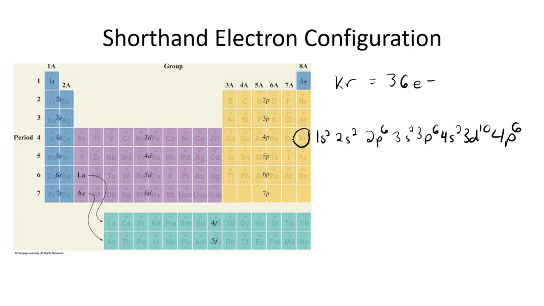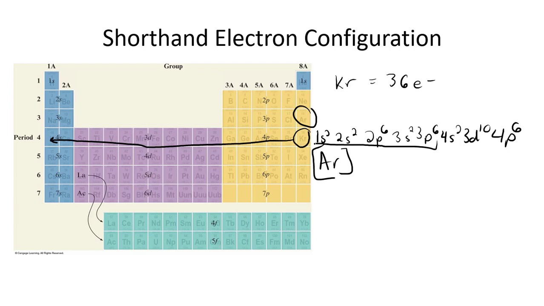And sometimes I see that, but most of the time I will see it the opposite. What do I mean by opposite? Instead of just representing Kr, because that's not as helpful, you will do the noble gas prior to it. And so we have argon in brackets, followed by everything that is not already in argon, which is all of these electrons, putting it in numerical order. And we have a completed shorthand electron configuration.